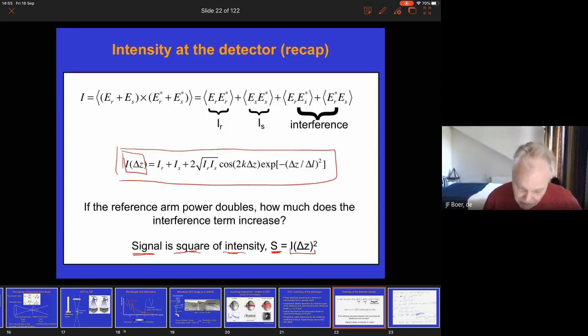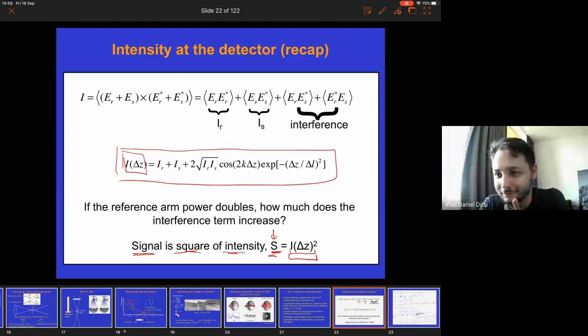Now again, if I look at this signal, I'm going to ask Vlad, if I double my reference arm power, how much will my signal increase? Signal is intensity squared. How much did the intensity increase if I doubled my reference arm power? So 2.